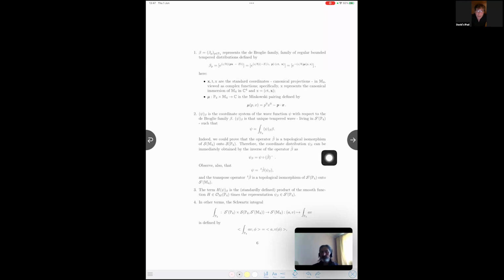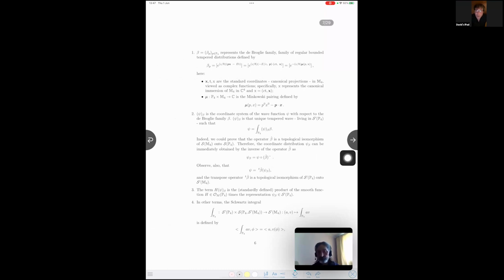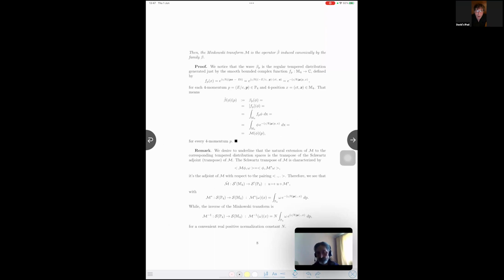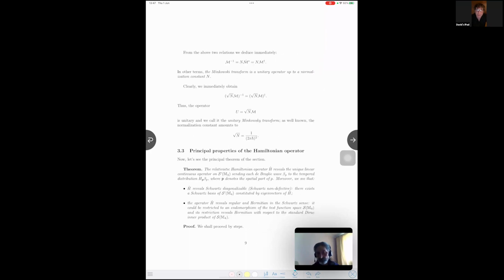So let's continue with our paper. Those are technical parts. Now I want to show you the first properties, the principal properties of the Hamiltonian operator. We can see relatively simply that the relativistic Hamiltonian operator H hat, just defined, is the unique linear continuous operator on the space of temporal distributions defined on the Minkowski space M4, sending each de Broglie wave beta p to the temporal distribution Hp times beta p.